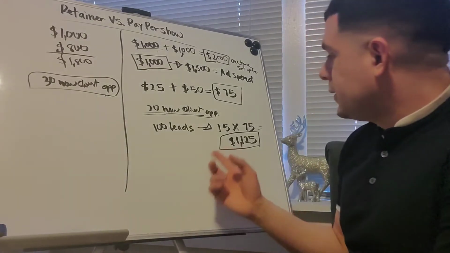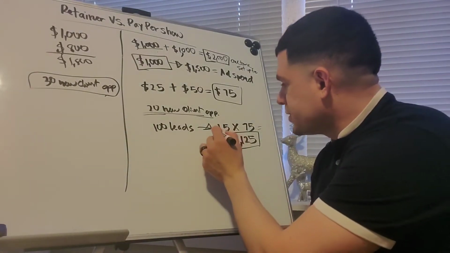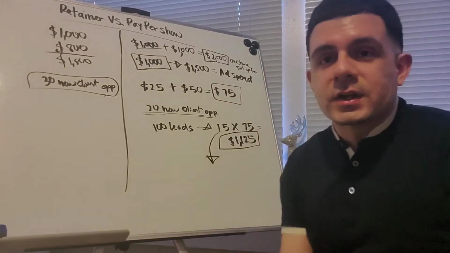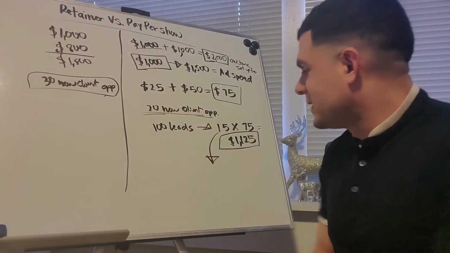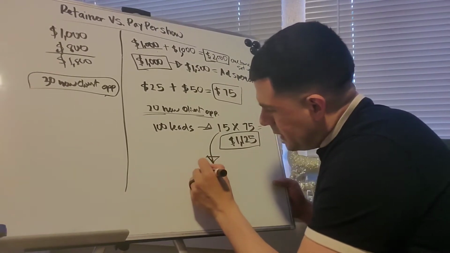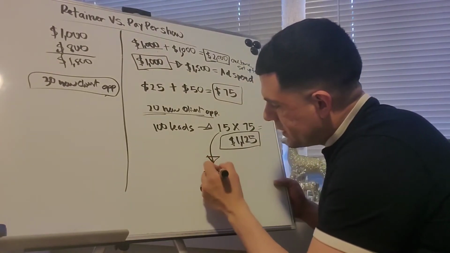Now, of course, not all of these 15 are going to convert. So let's say only 7, that's actually about 50% conversion right there.